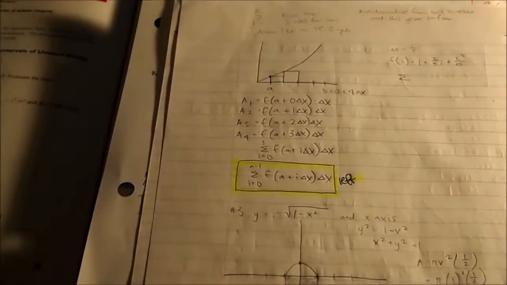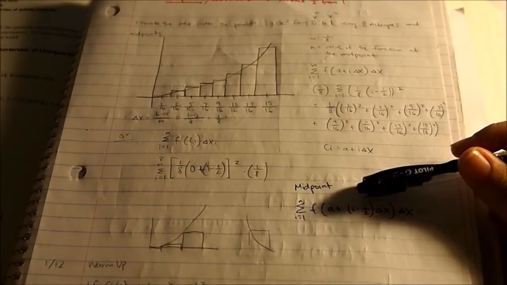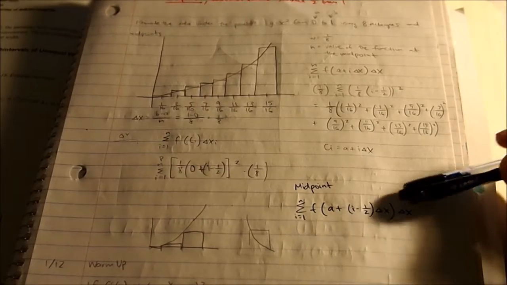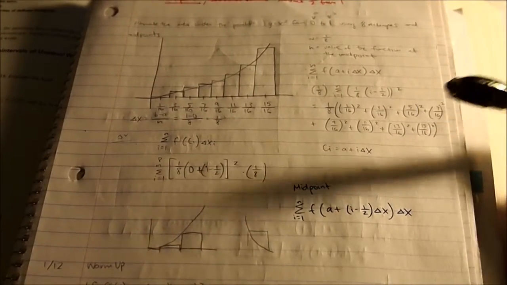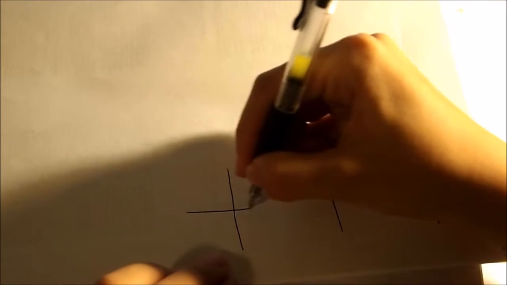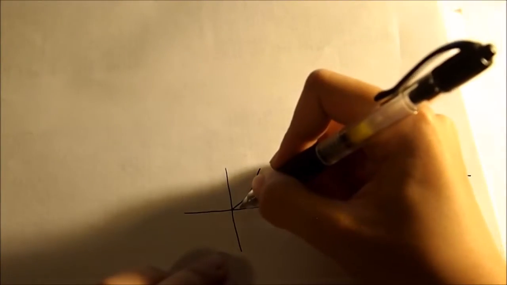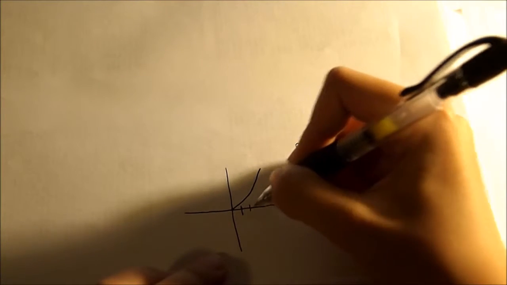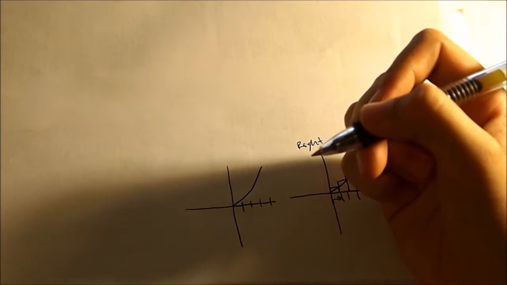Then we have one more Riemann sum, and that is the midpoint. The midpoint sum is the sum of f of a plus i minus 1/2 delta x times delta x, from i equals 1 to n. Here is what that would look like on a graph. Each one of these widths would be delta x.